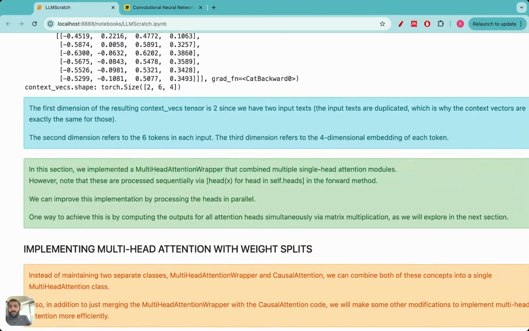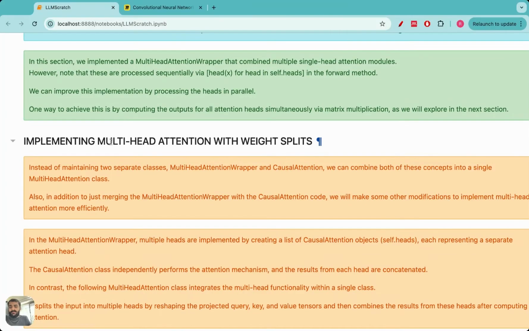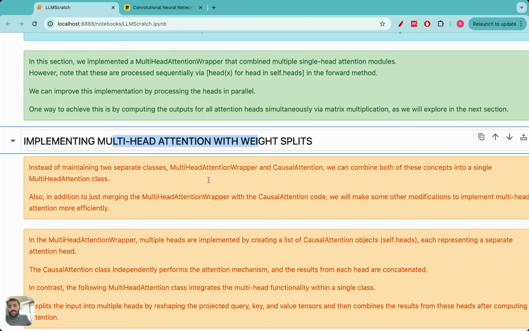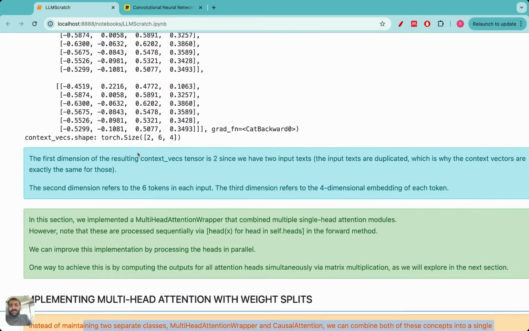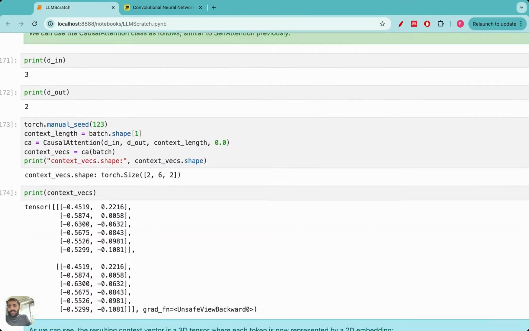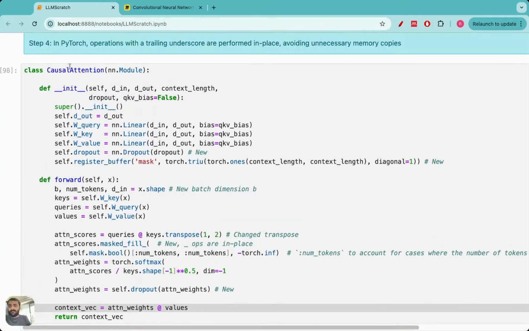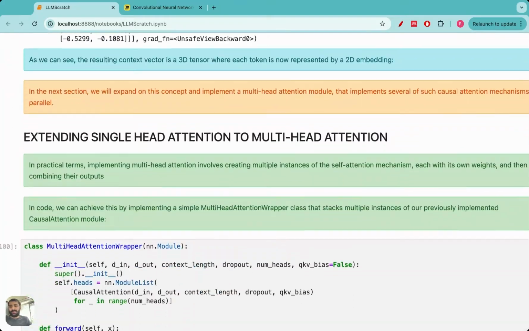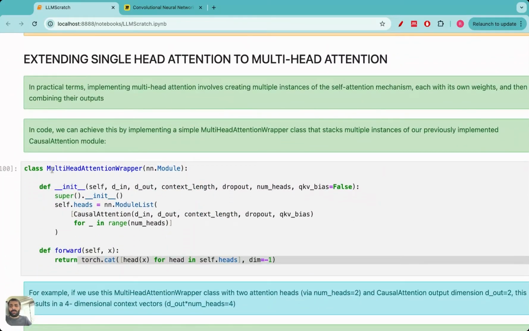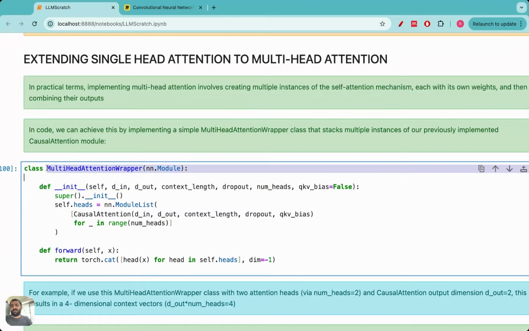Okay, so now let us get started with the code. We are going to implement multi-head attention with weight splits. Instead of maintaining two separate classes, earlier in our code we had a causal attention class which did all the computations of attention scores, attention weights, etc. And then we integrated this causal attention class with the multi-head attention wrapper.